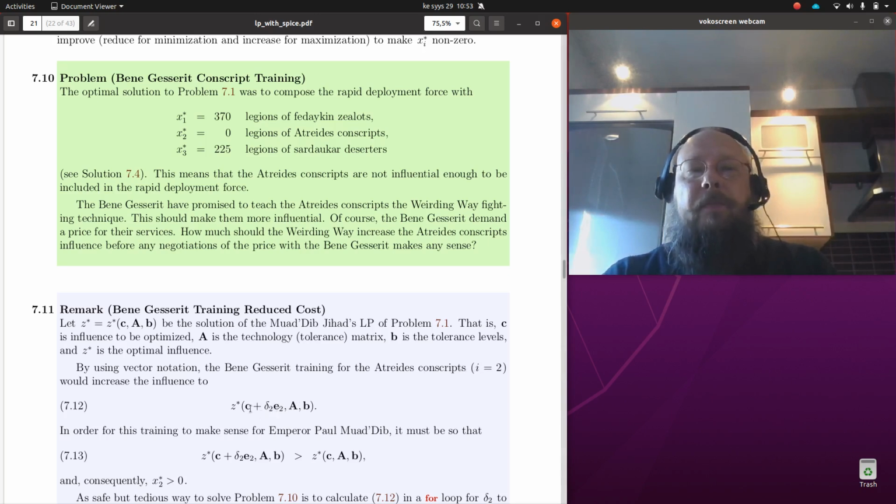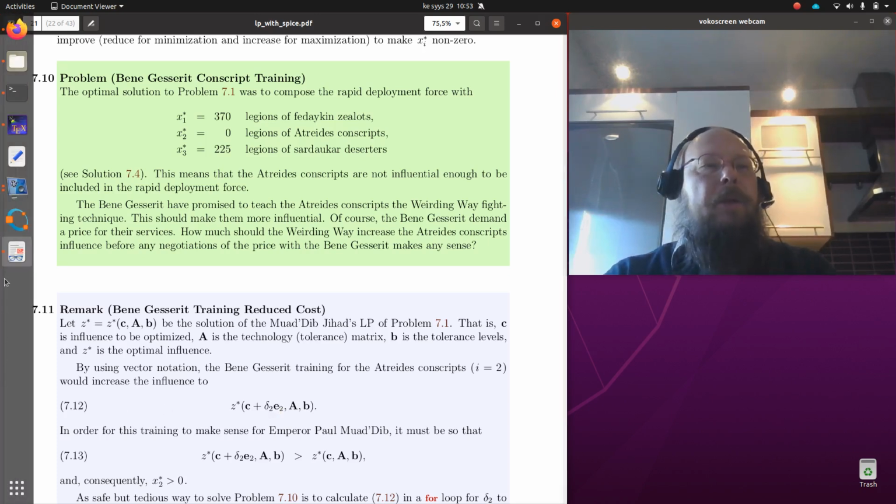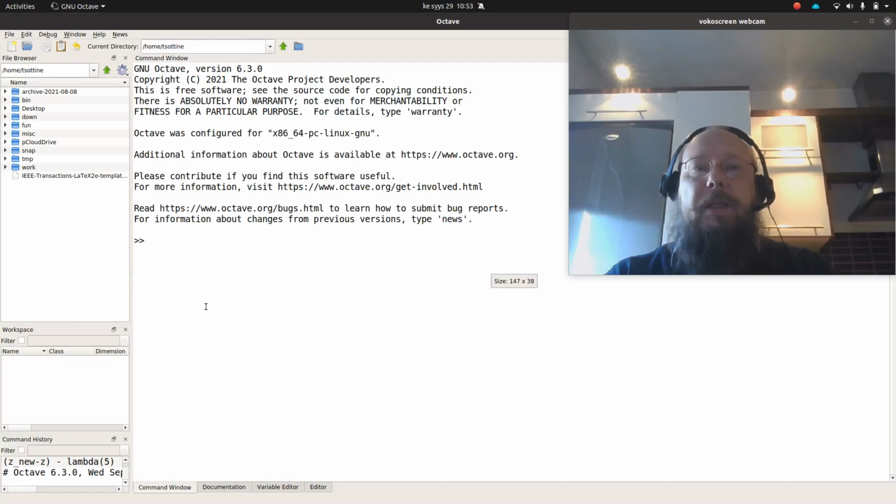So this here means that C2 is increased by delta 2. Okay, this looks maybe a bit complicated. Let me show you quickly on Octave what that actually means.